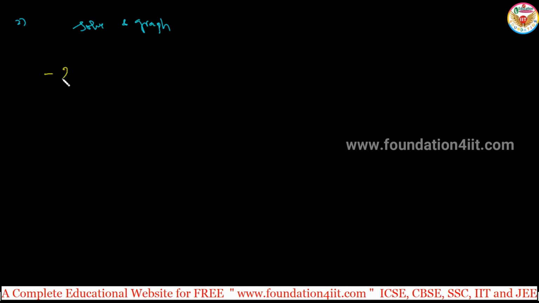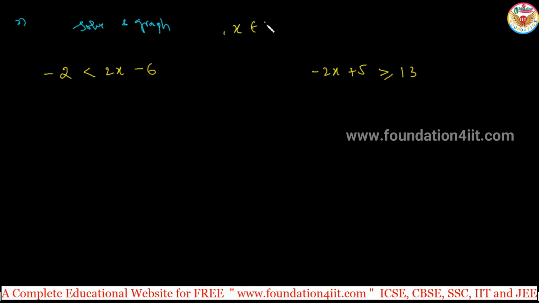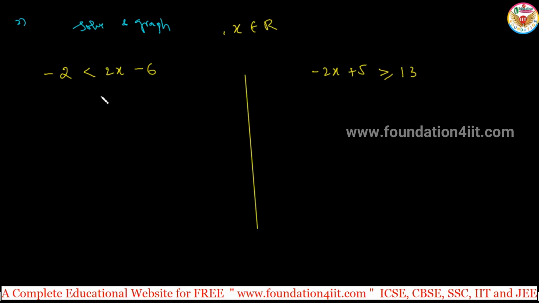Let me take minus 2 less than 2x minus 6, and the other, minus 2x plus 5 greater than or equal to 13, where x belongs to real numbers. These two we will solve and combine. Let us see how to solve. Already it's given: minus 2 less than 2x minus 6.